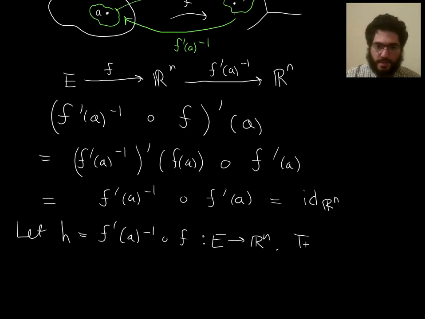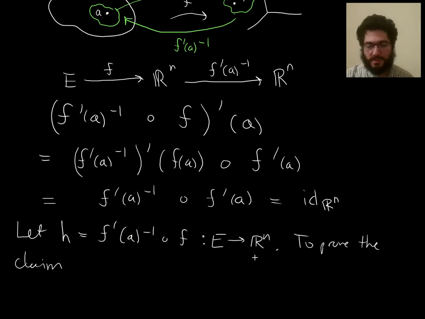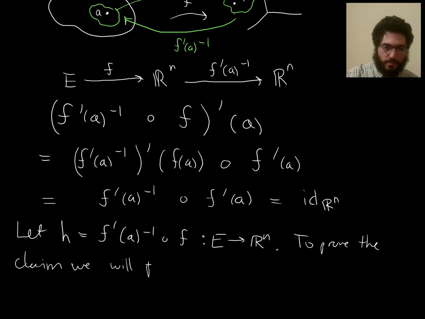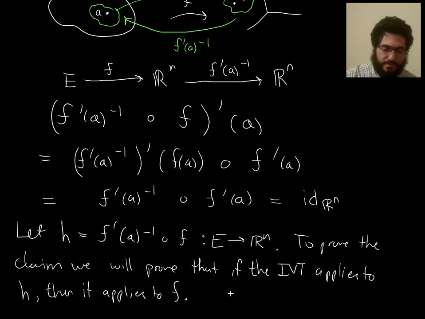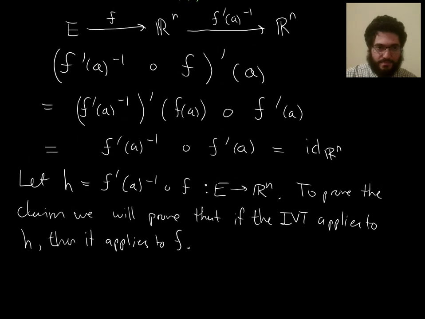So to prove the claim, which is that it's sufficient to prove the inverse function theorem for the case where the derivative is the identity, in order to prove the full inverse function theorem, to prove that claim, we will prove that if the inverse function theorem applies to H, then it applies to F. So let's prove that. So assume the inverse function theorem applies to H.